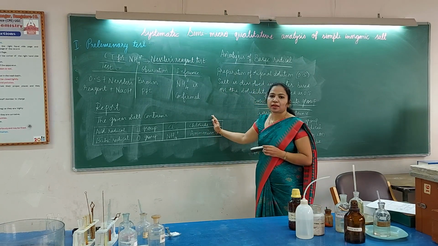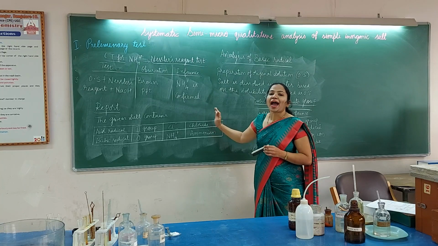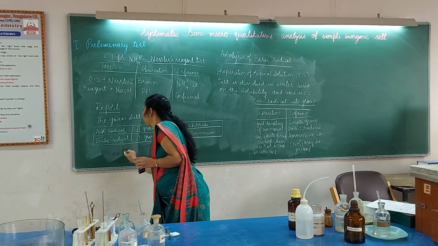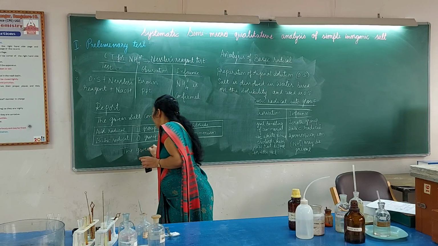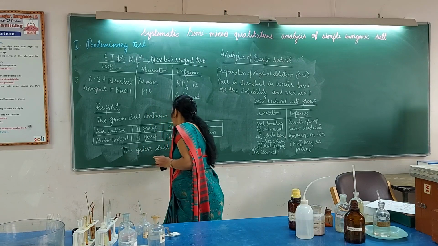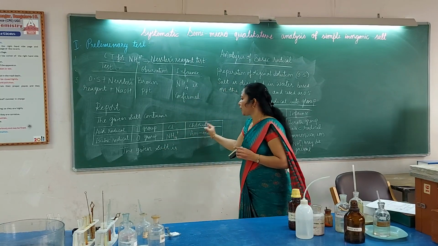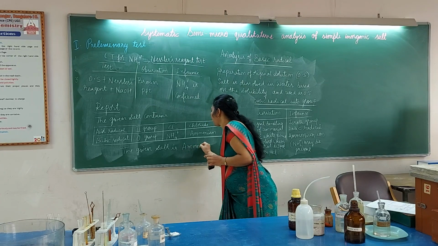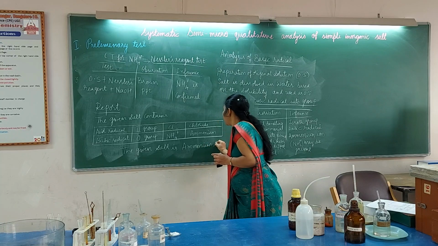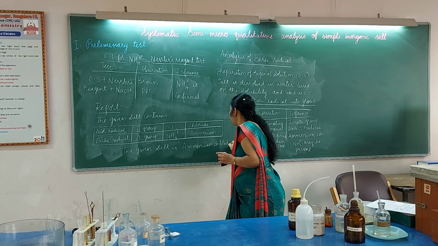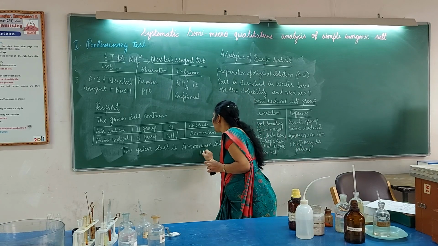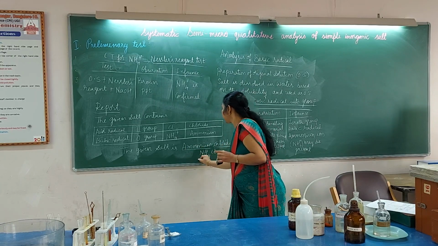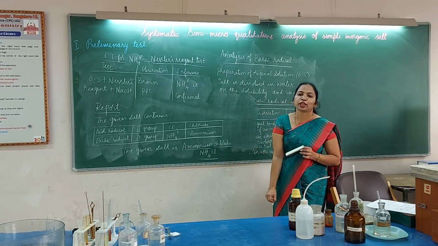Okay, this is the tabular column you have to make, and lastly you have to write the given salt. The given salt is, write the name, first the basic radical. So that is ammonium chloride, with the formula NH4Cl.